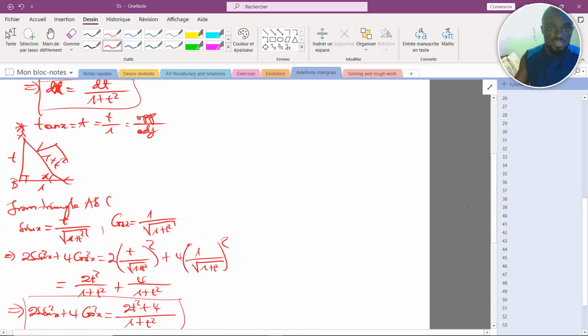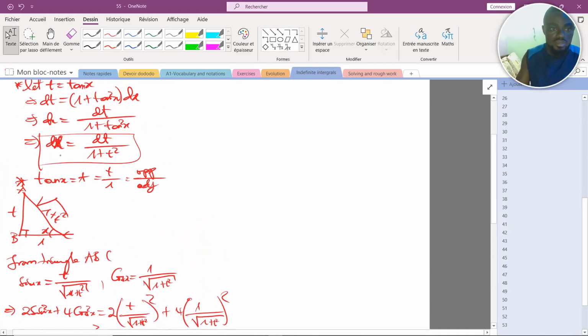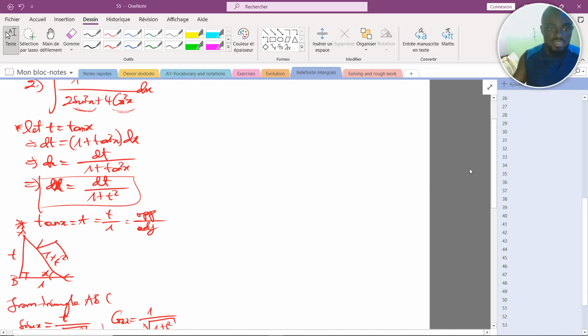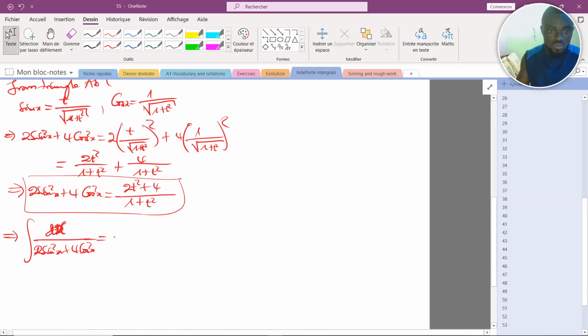Oh, pardon, I made an error. This is dx, the integral we're finding. So I substitute my dx. My dx is dt on 1 plus t squared.